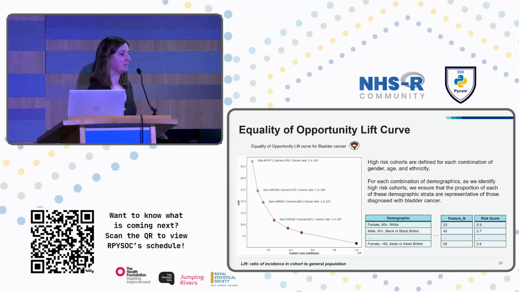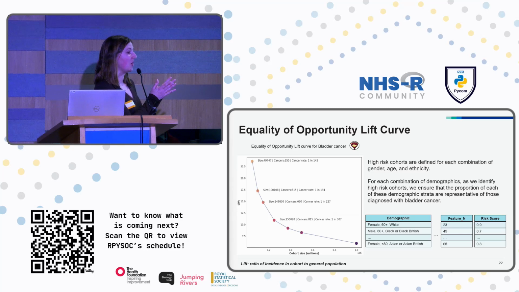So we ended up using this approach called equality of opportunity. Instead of looking at risk thresholds, we were more ensuring that the proportions were consistent as we decreased the size of the population we were looking at, while increasing the cancer incidence and making sure our demographics were proportional to what we would expect in bladder cancer. So this was how we can use our bias analysis to look at these high-risk cohorts while ensuring that there is an equality of opportunity.